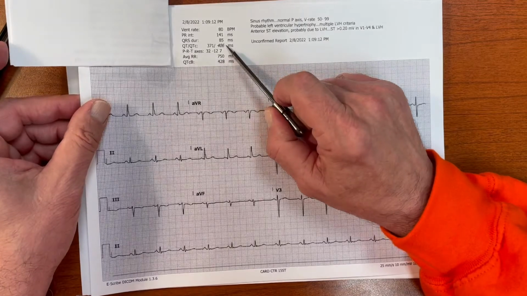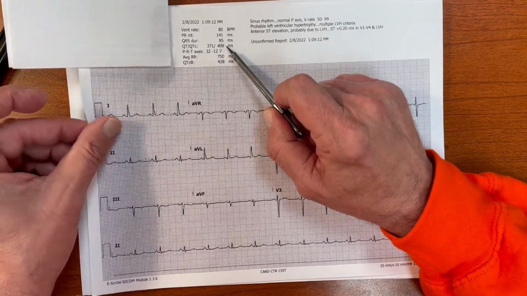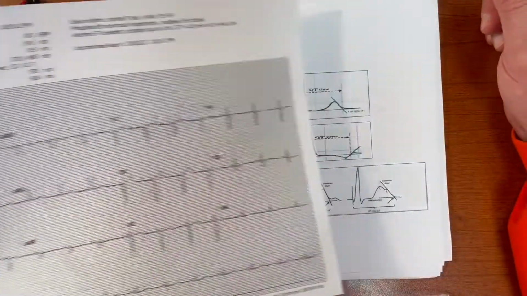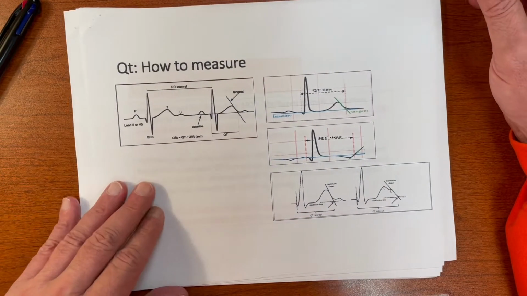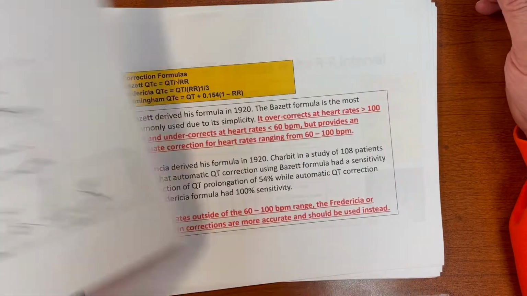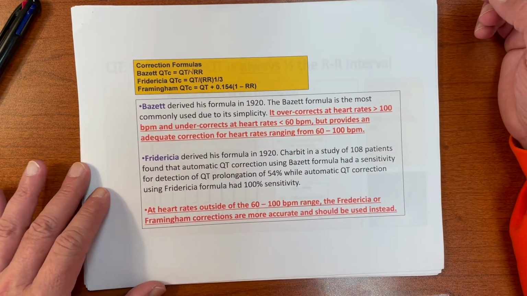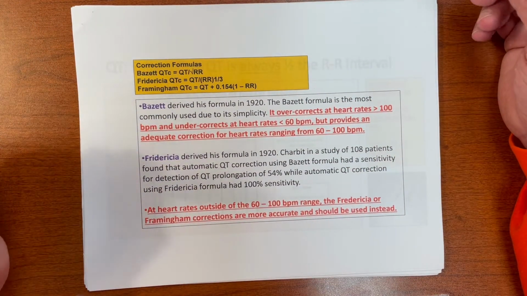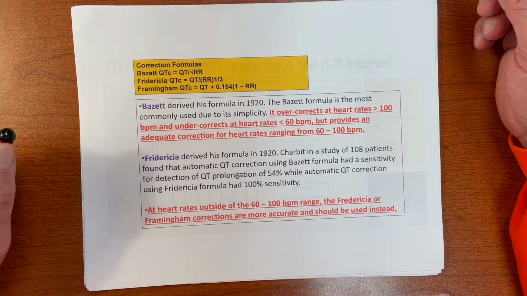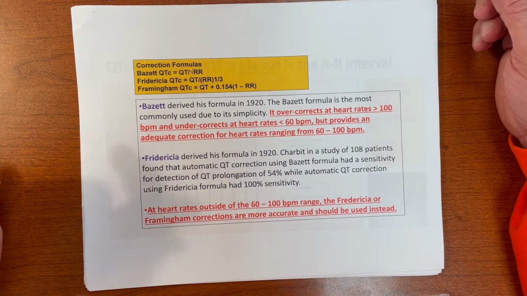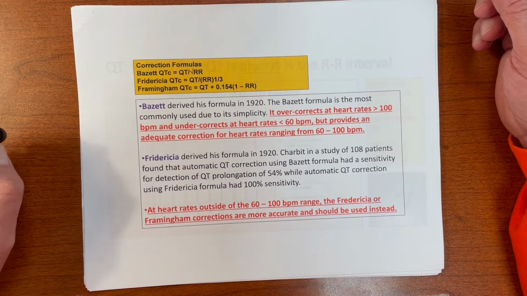You know what I think about those numbers, right? We'd have to manually make sure that's correct. So what do we do? What does this mean? There are 3 correction formulas. I hope you all have MD Calc on your phones and your devices. Go to MD Calc to do the corrected QTC.